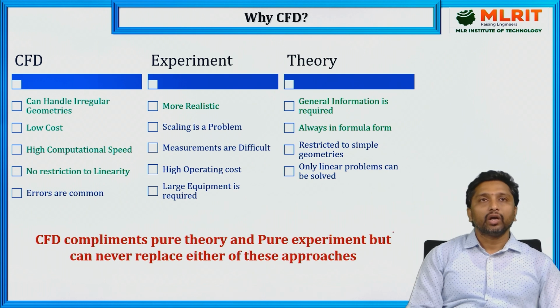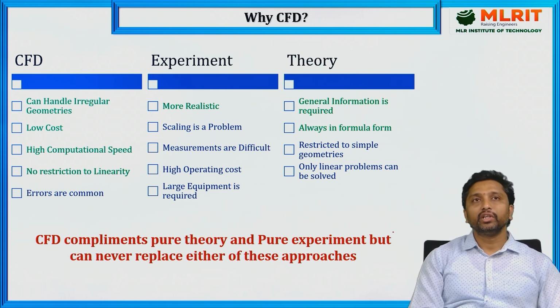Next, high computational speed. Due to the advent of high speed computing, the computational process is very fast, reducing the time for creating a prototype, fabricating it and testing it in an experimental setup. So it reduces all the time, and hence the process will be much faster in CFD when compared to the experimental approach.